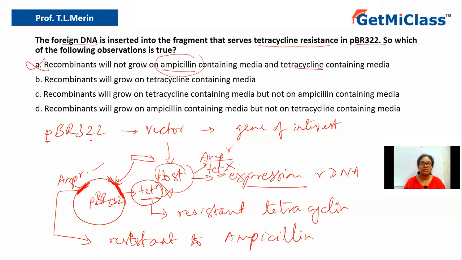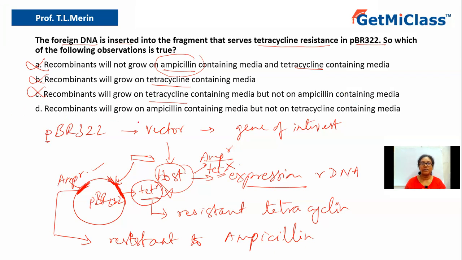No, because the gene for tetracycline has been inactivated because of insertion, hence it is ruled out. Option C says recombinants will grow on tetracycline containing medium but not on ampicillin containing medium, which is again ruled out because, as I said, the tetracycline resistant gene has been inactivated. Then how will it grow on the medium containing tetracycline? So it is totally ruled out.